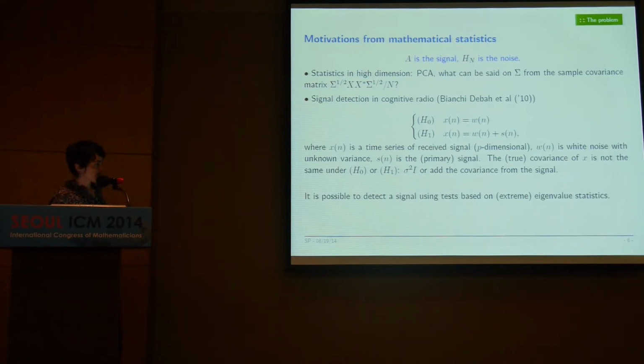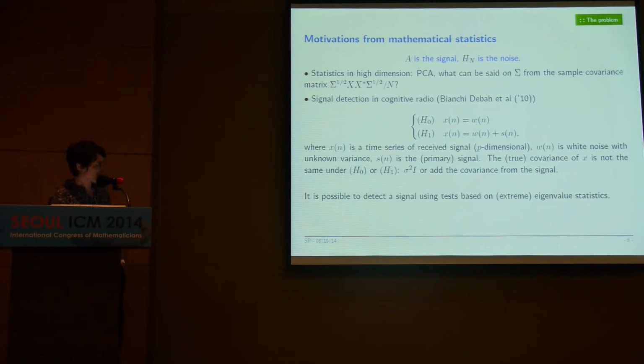And the question is, can we reconstruct the signal in the presence of noise? This is a question in statistics in high dimension, where one wonders what can be said on the population covariance if one knows the data, which is a sample covariance matrix. And this can also be of use in communication theory.